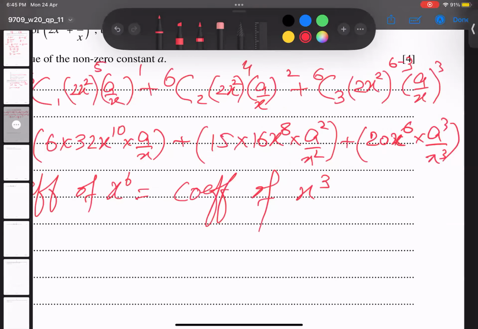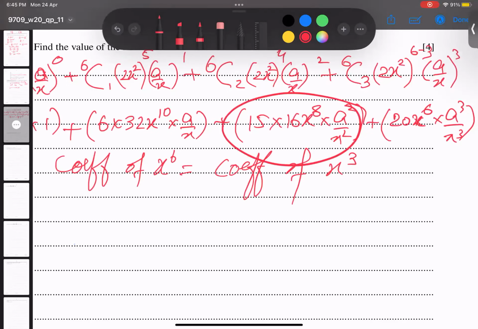So what I will do, students, is simplify this, but don't take the x values. If I multiply 16 times 15, I get 240 a to the power 2, because this x squared times x becomes x to the power 6, which I'm leaving, and I copied the terms here. What about this? This is x cubed, so leave it, and 20 a to the power 3 I'm copying here.